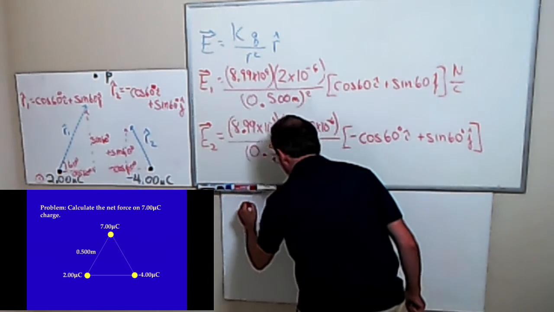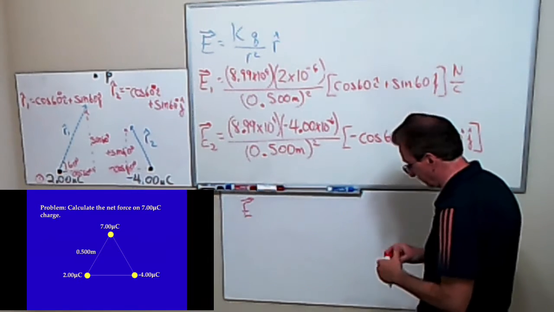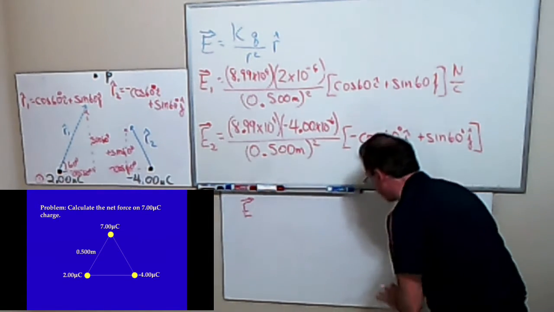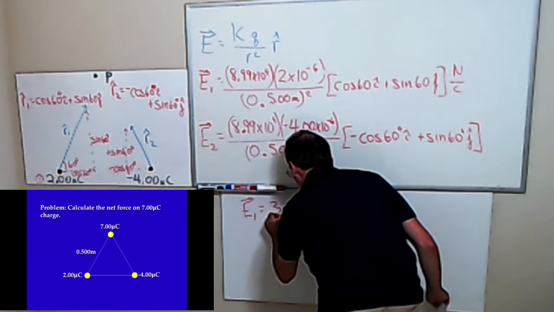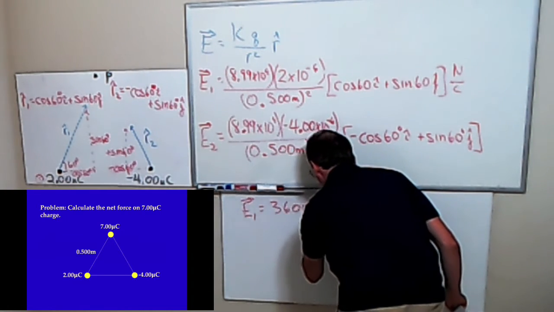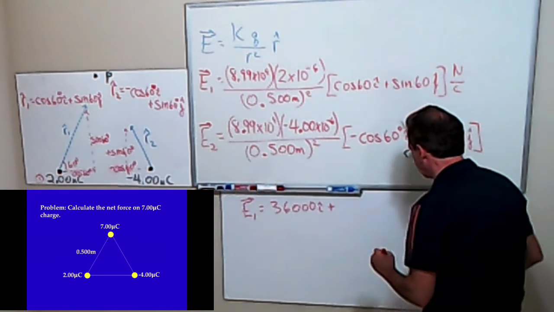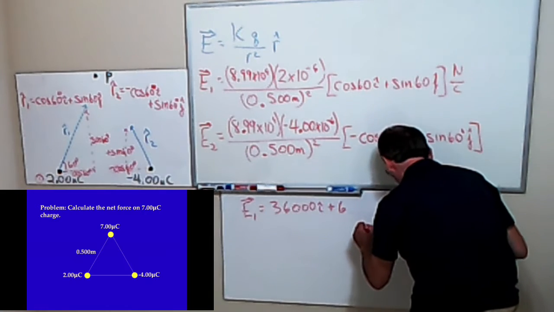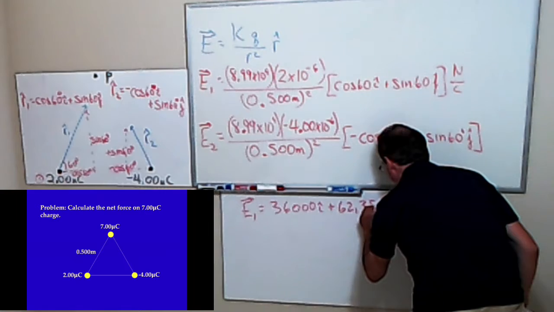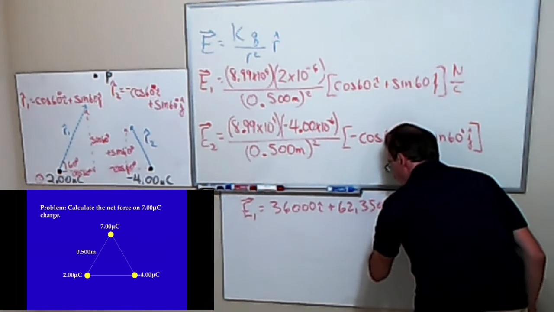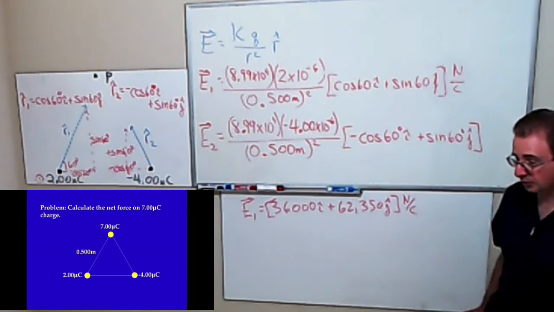Okay, so E1, if you do this on your calculator, you get the same as the previous video. You will get 36,000 I hat plus 62,350 J hat newtons per coulomb.